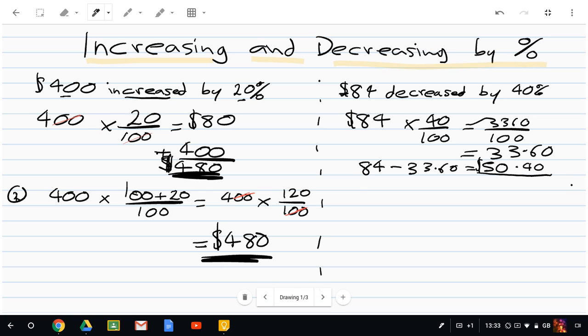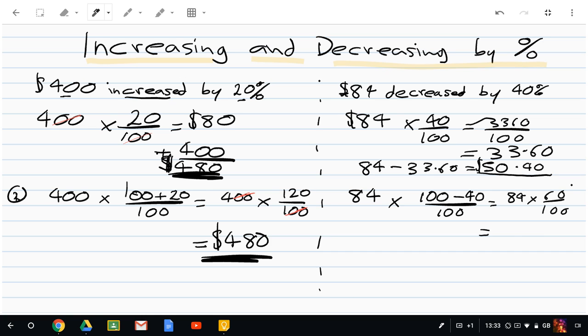If we do it the other way, I have my $84 that I had originally, and I multiply that by my percentage. Now, instead of my percentage just being 40, it's the original 100 minus the 40 because we're decreasing it by 40. So what we're actually looking at is 84 times 60%. So we're actually going to only pay 60% of the original price.